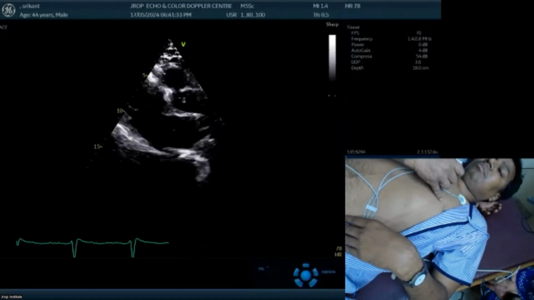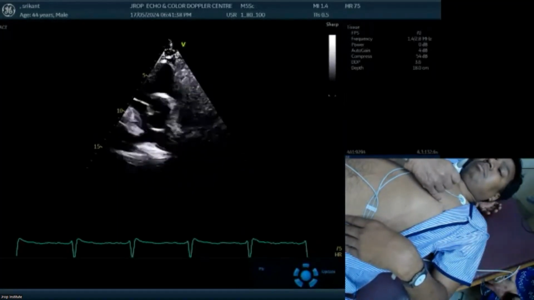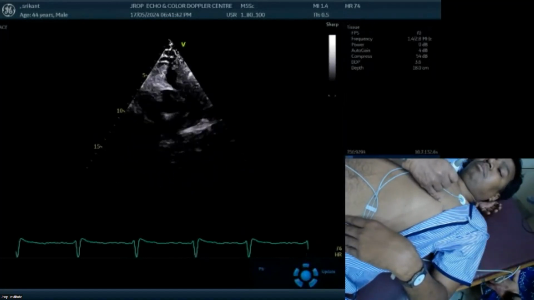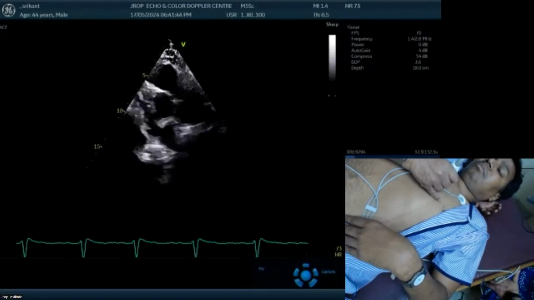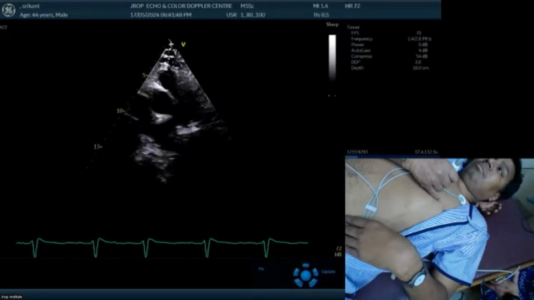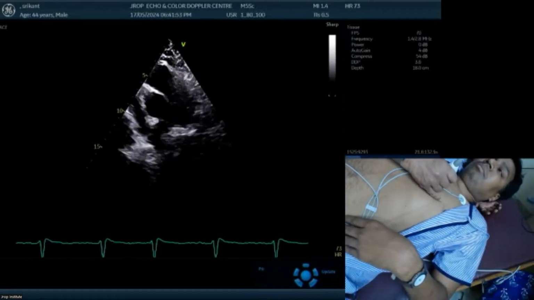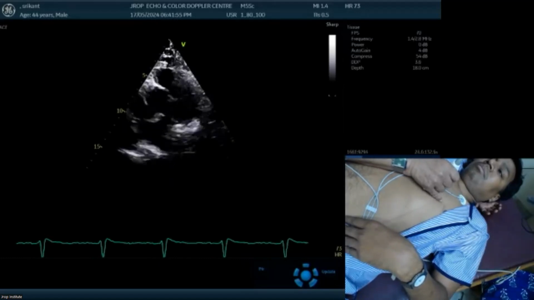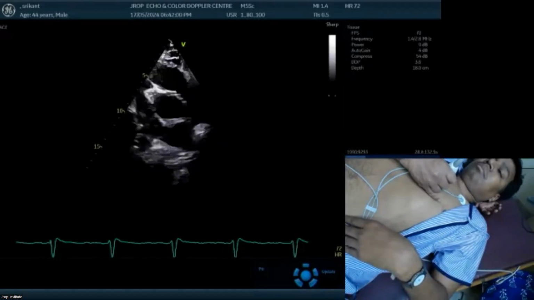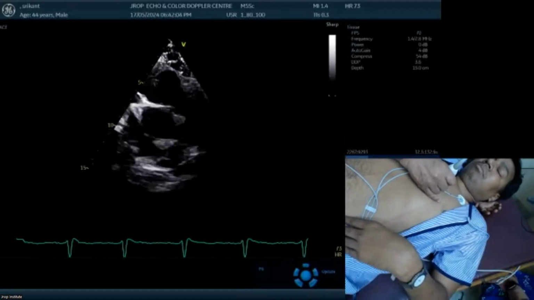From the apical window, I'll rotate my transducer clockwise. So this is the parasternal short axis view at the aorta.